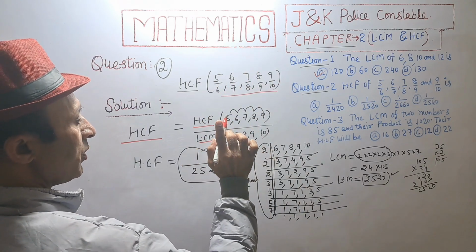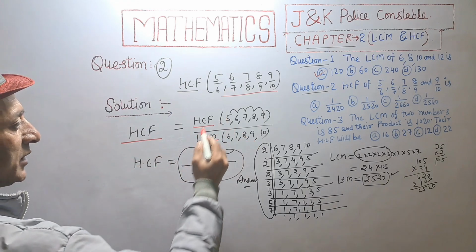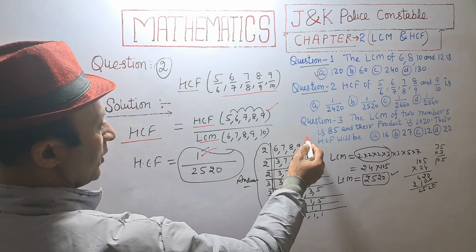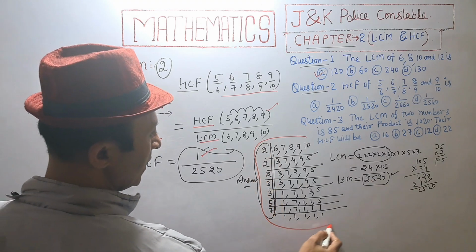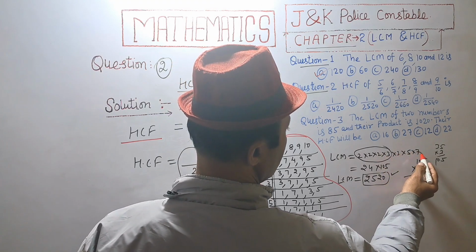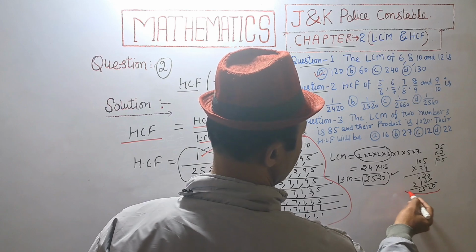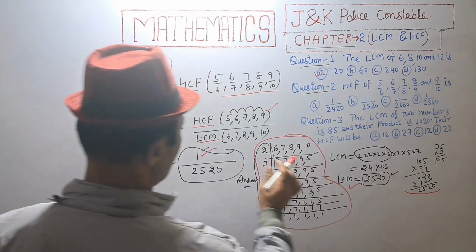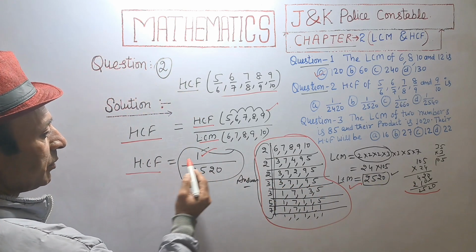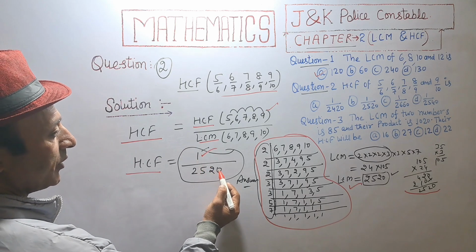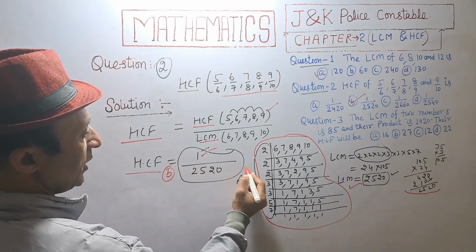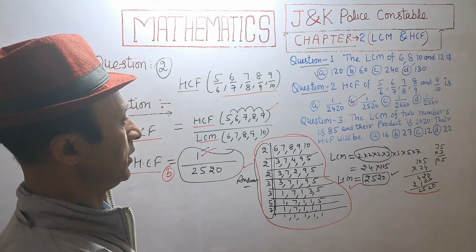HCF of numerator is equal to 1, and we find LCM of the denominator, that is equal to 2 into 2 into 2 into 3 into 3 into 5 into 7, that is 2520. LCM of denominator we get 2520. So required HCF is equal to 1 upon 2520. It's option B. Option B is the correct answer.